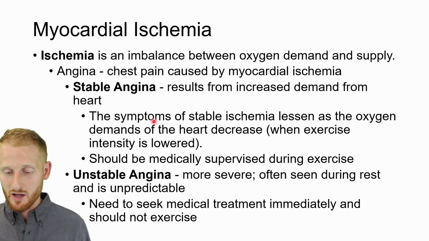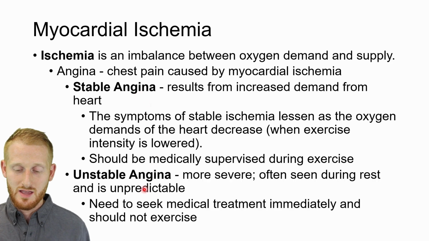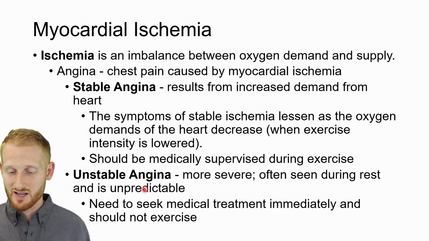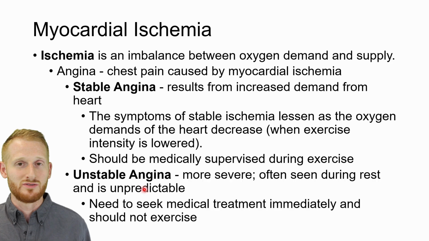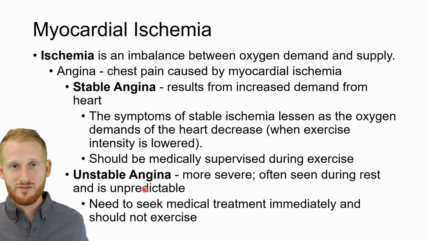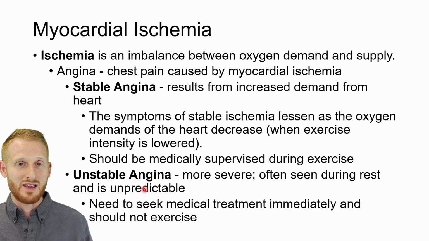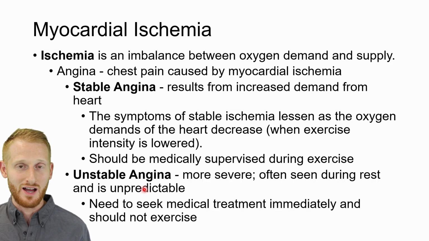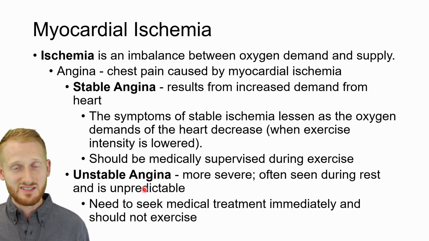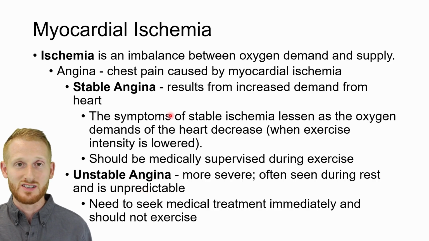All right, so unstable angina, on the other hand, is not predictable. Unstable angina can happen at rest. It can happen when you just get excited. It can happen any random time, whether you can link it to some sort of increase in oxygen demand of the heart or not. And so unstable angina is much worse than stable angina because, again, stable angina is predictable.